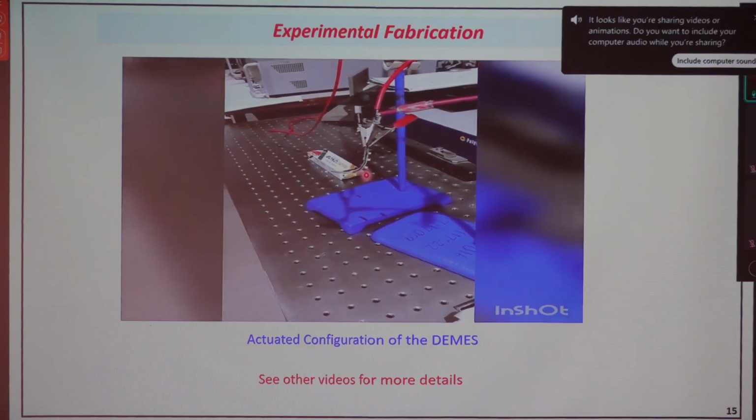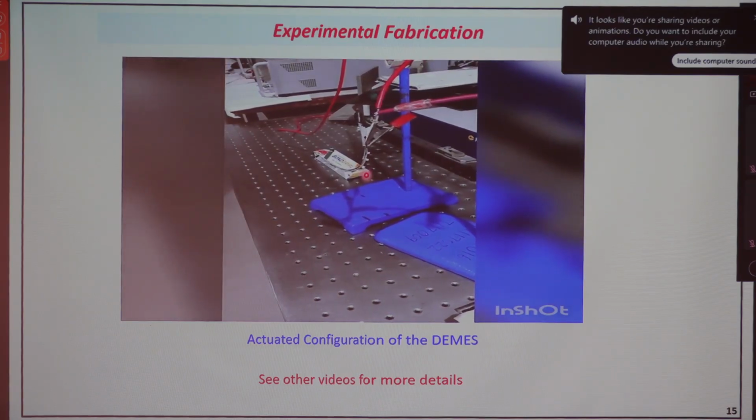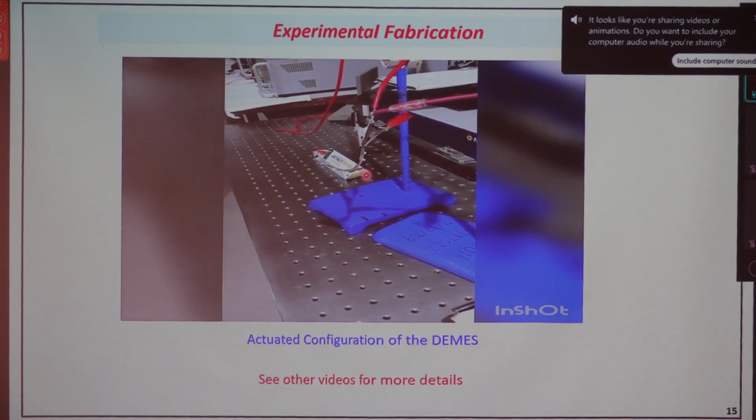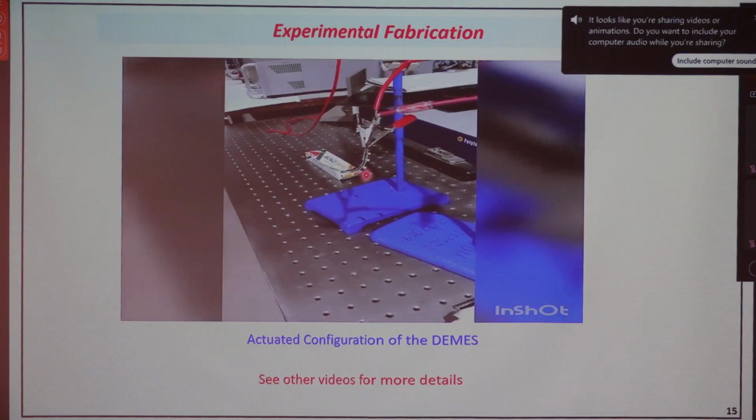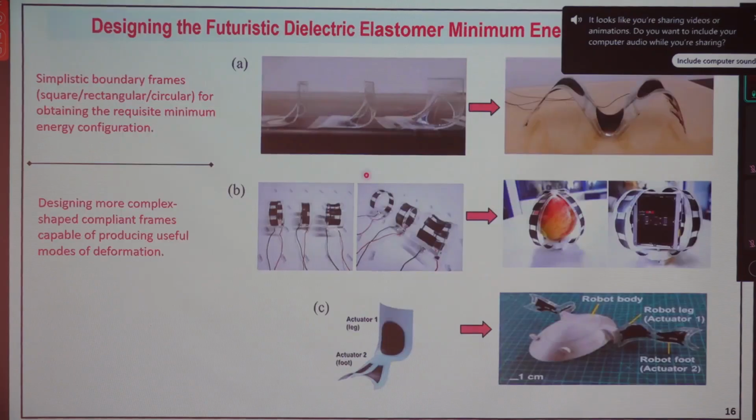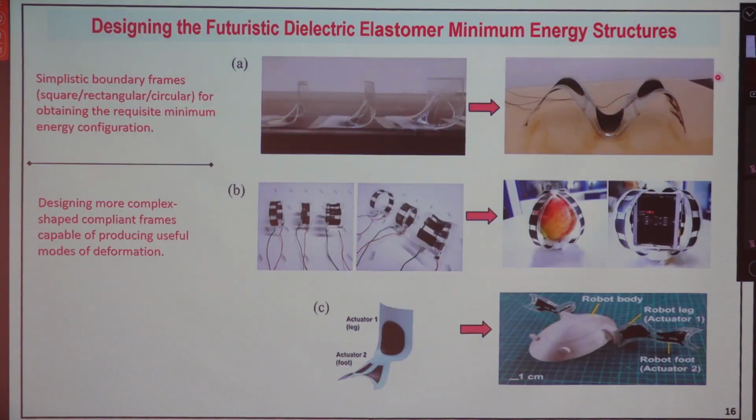So we can control that. Is it fine? I have also shown you a lot of videos yesterday that give you a glimpse of how a change in the applied voltage or the frequency will affect the actuation of the DMS actuator. Okay.